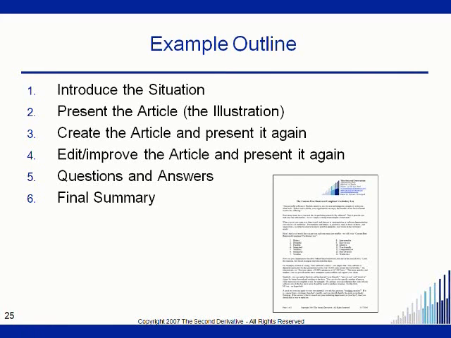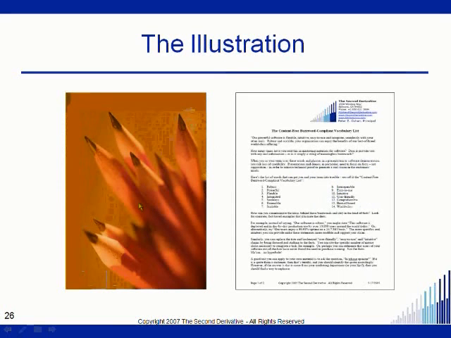Now, the essence of showing them the last thing first is this concept called the illustration. The illustration is a visual or sometimes tangible way of communicating the end result of what your software provides for a customer.